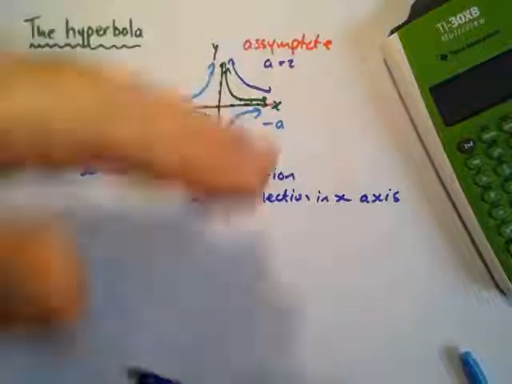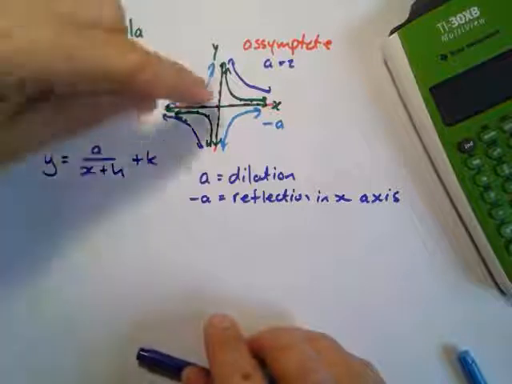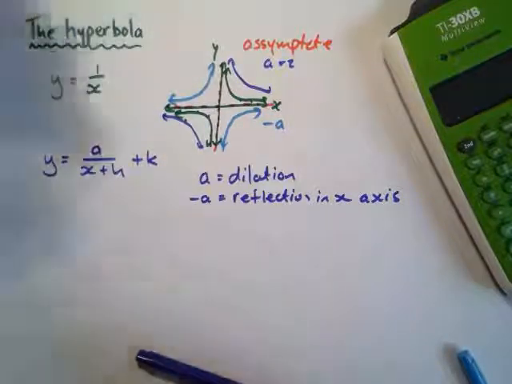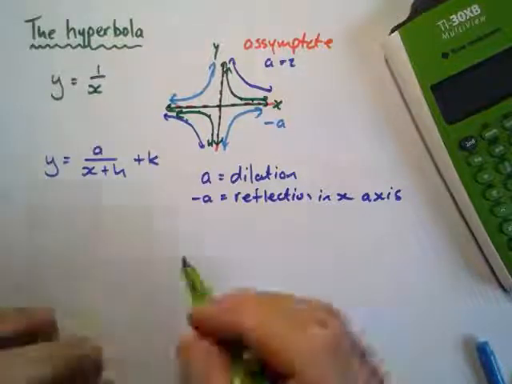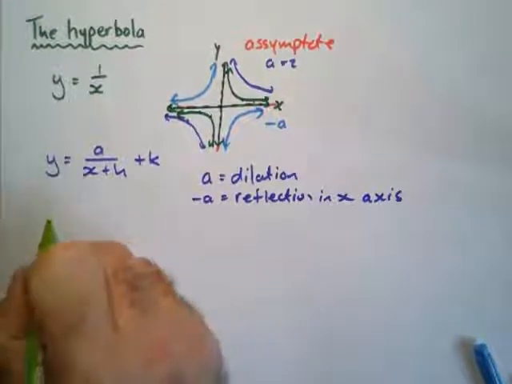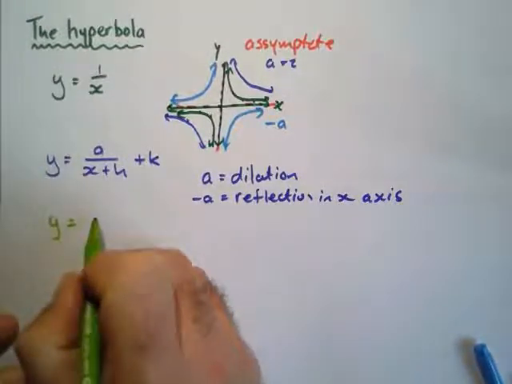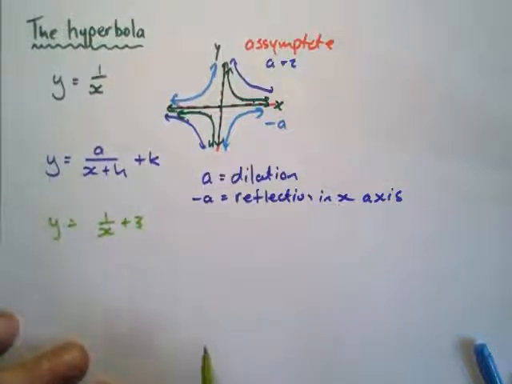k moves everything up and down. If this whole thing moves up and down, then my asymptotes will move up and down as well. I find the easiest way to explain that is with a simple one like y equals 1 over x, plus 3.